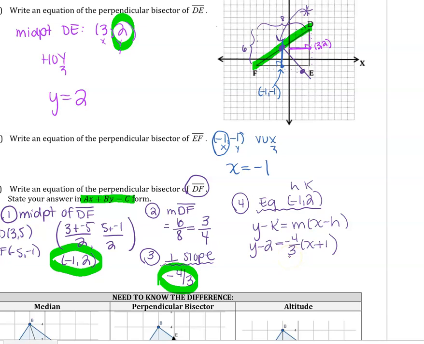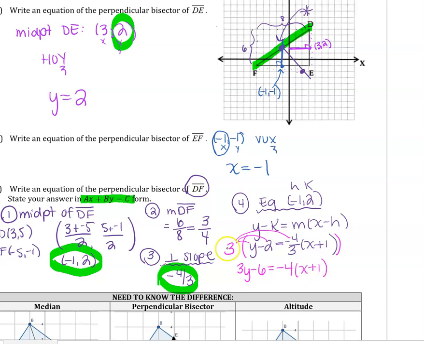So what I'm actually going to end up doing is trying to reduce this fraction right here by multiplying through by 3. I just want to clear out some fractions. So if I multiply through everything by 3, this would be 3y minus 6 equals -4. And then that -4 would end up multiplying the x plus 1.